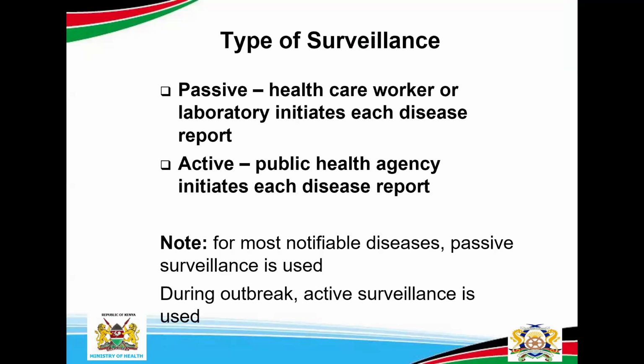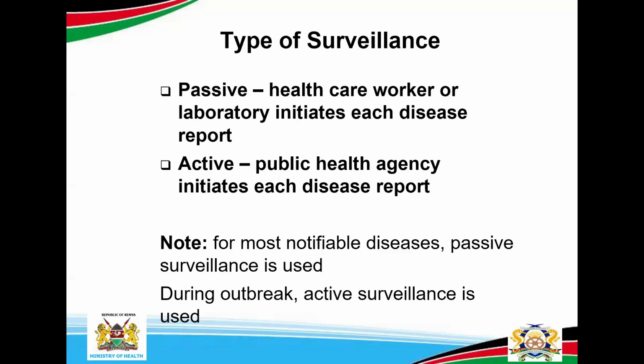For example, currently, most of the surveillance system that we are doing in Africa, and especially in Kenya, is passive, whereby we're expecting the healthcare worker to tell us if they are seeing a particular trend or an interesting disease condition when they are doing their daily routine work.